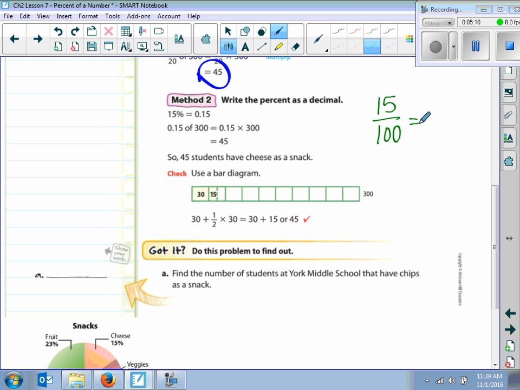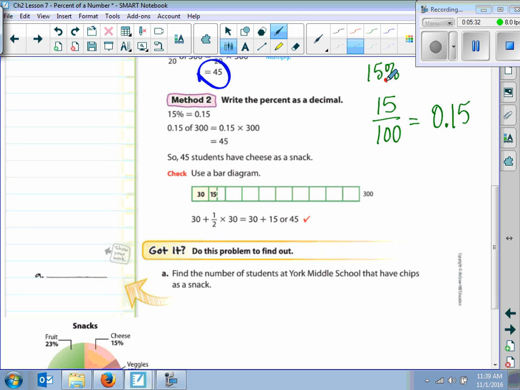So how do I write 15 hundredths as a decimal? 0.15, right? Now watch this. If I started with 15%, where's the decimal in that 15%? It's at the very end, right? So it's like right there.